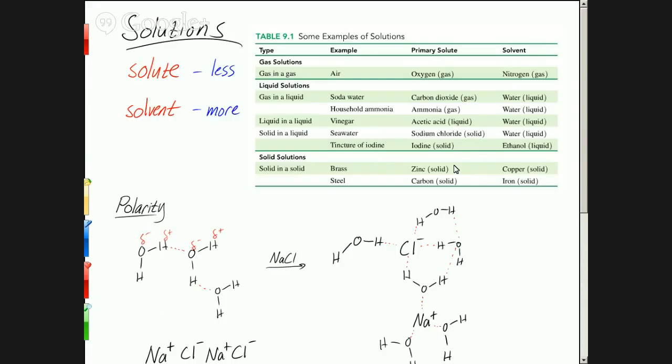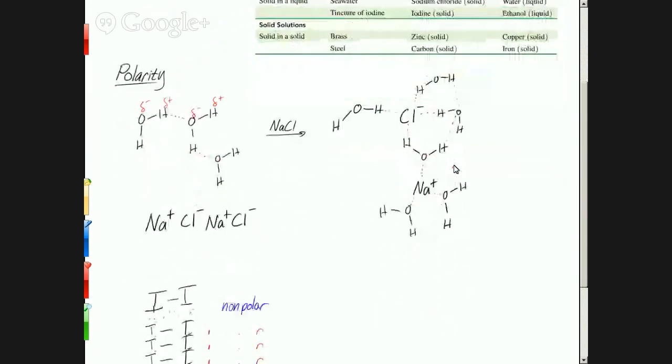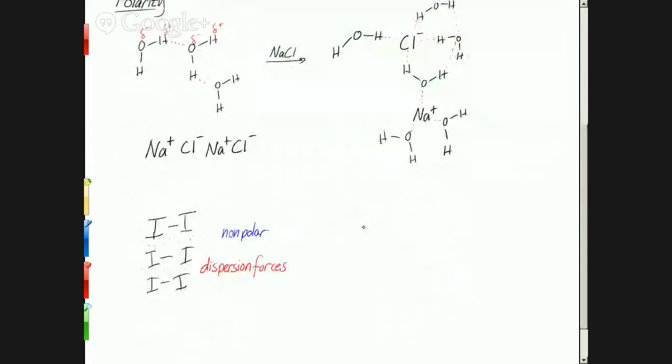And so if we just say polar things with polar things and nonpolar things with nonpolar things, it doesn't make any sense. Why would ethanol dissolve a nonpolar thing like iodine? A better way to think about it is, if it can do these forces, then it can do this. So ethanol looks like this. It has 2 carbons with hydrogen surrounding them, and then it has an O and an H. So the OH part is very polar, just like water.